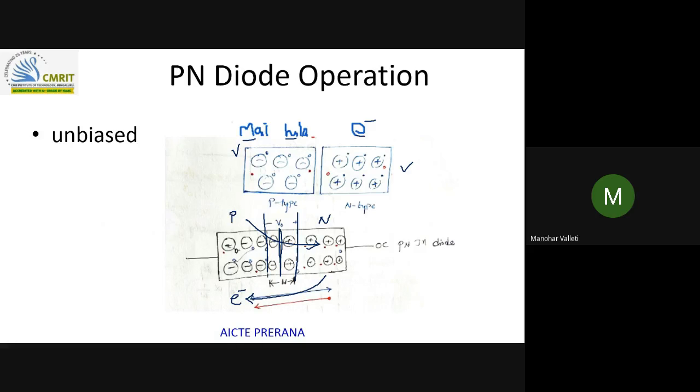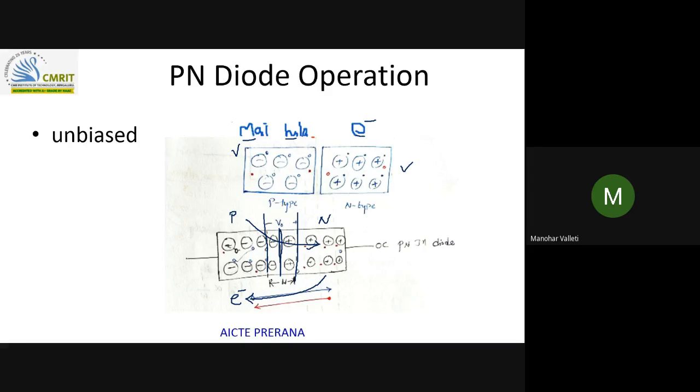As this is a positive ion, same charge carriers will repel each other, and the hole is also positive. So as further movement of the hole is happening from p to n side, this immobile ion will repel that hole movement, so that the hole can't move. Free movement will be stopped.